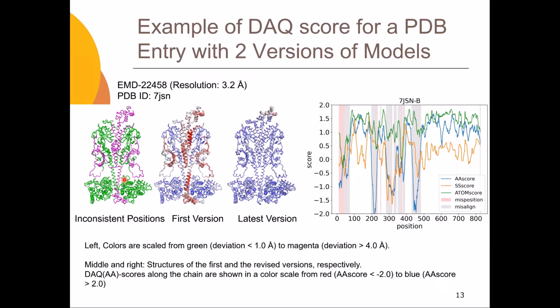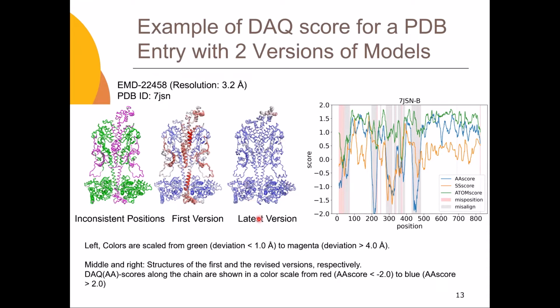Here is the comparison of the 2 versions of the structures, and the magenta regions are the regions which have significant differences between version 1 and version 2. And when we apply our DAQ score to the first version, it complains. The red regions have negative scores, which means the DAQ score doesn't like the amino acid assignment in these structures.